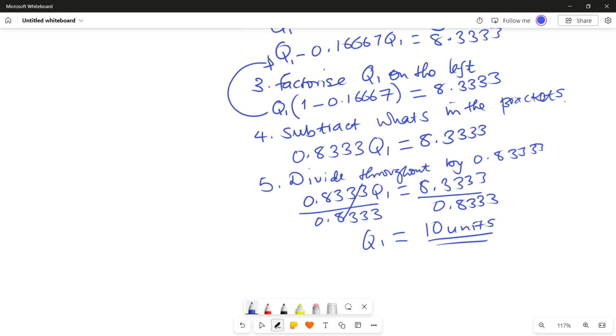But remember, we have 2 plants here: plant number 1 and plant number 2. Now that we know how much can be produced from plant number 1, our work has been simplified because we can easily calculate the amount that will be produced from the other plant.